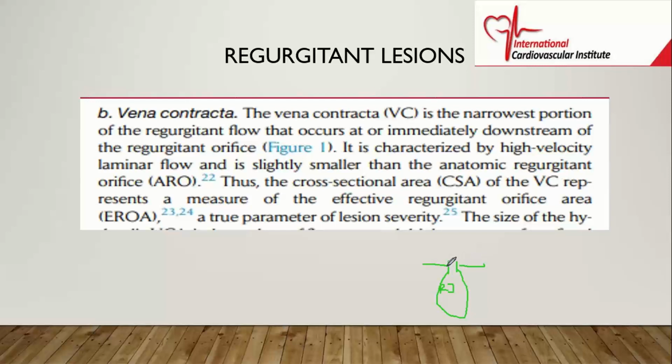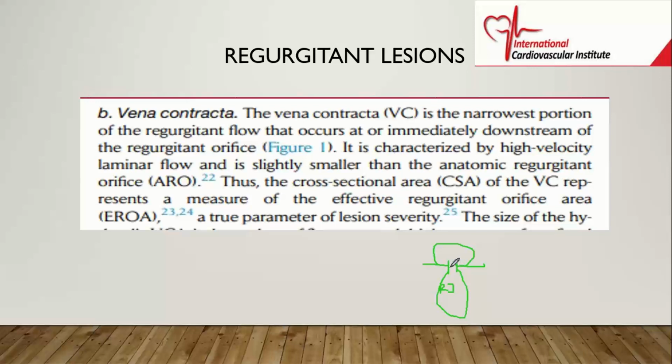But right above the regurgitant orifice, you have this hemispheric flow convergence, which is set up when the blood or fluid rushes down here. It sets up these hemispheric shells, and this narrow portion right here, the width of it, is what we call the vena contracta.